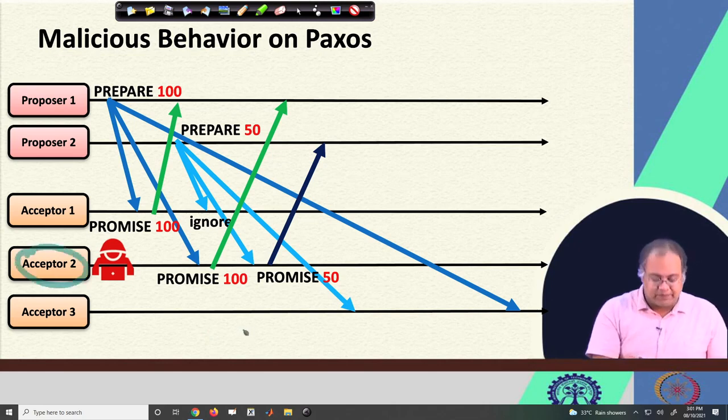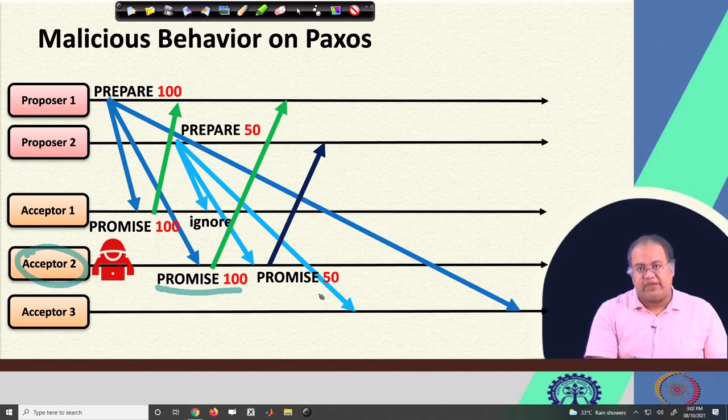In the case of acceptor 2, ideally, when it has already sent a promise message and then receives a prepare message from proposer 2, it should have ignored this message. But rather than ignoring it, acceptor 2 has sent another promise message against 50.